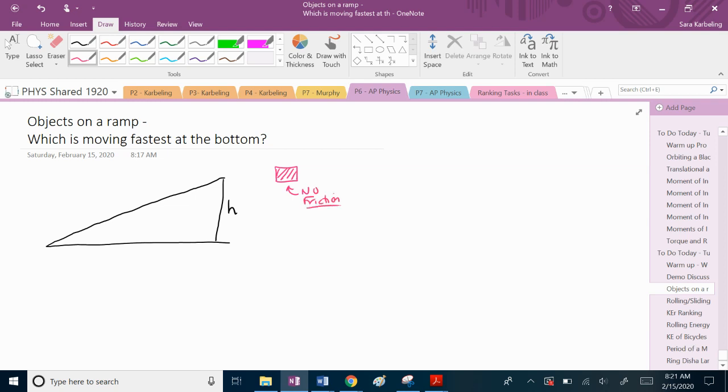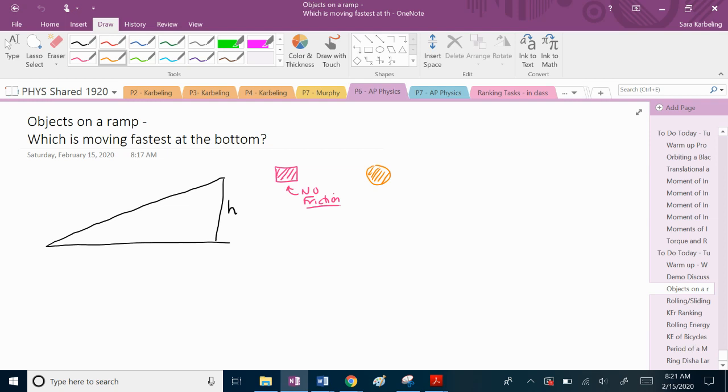So no loss of energy to friction as it's going down. The second object that I've got is going to be a disk. And that disk, as we said yesterday, all of the disks and rings that are going down a ramp do have to have friction, right? There has to be friction in order for them to spin. Otherwise, they wouldn't spin. They would just slide down the ramp like the block does.